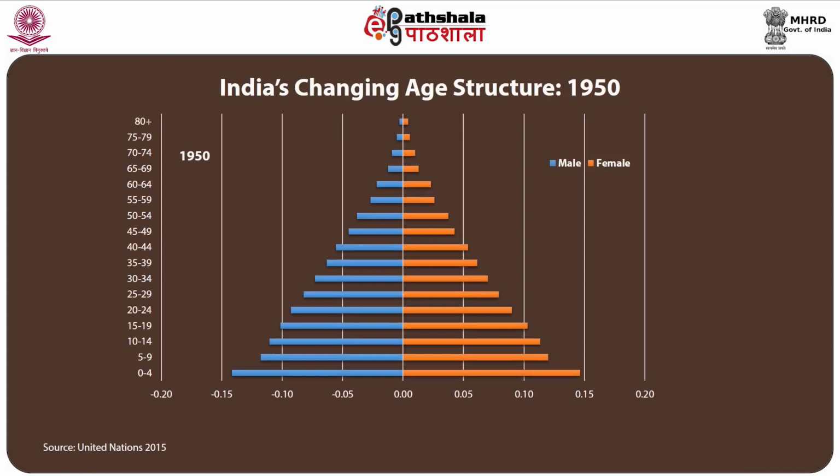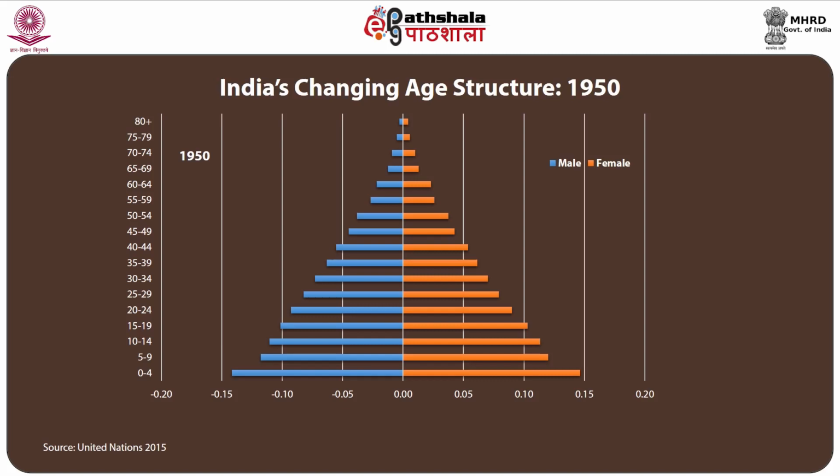This is India's age structure in the 1950s. This population pyramid, or age-sex pyramid, shows typically high fertility, or stage 1 of the age structure transition, AST.